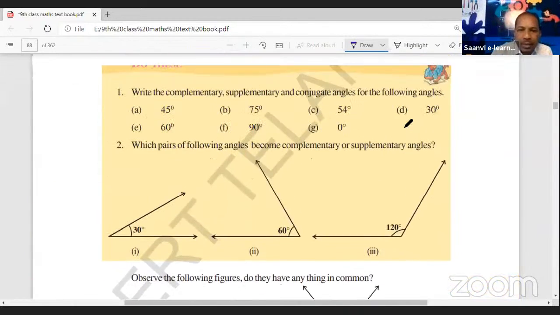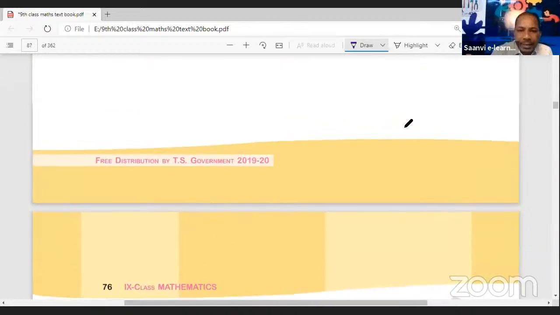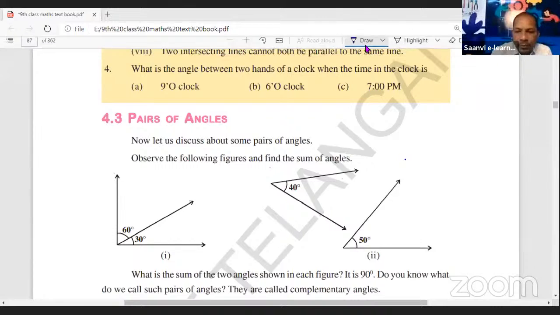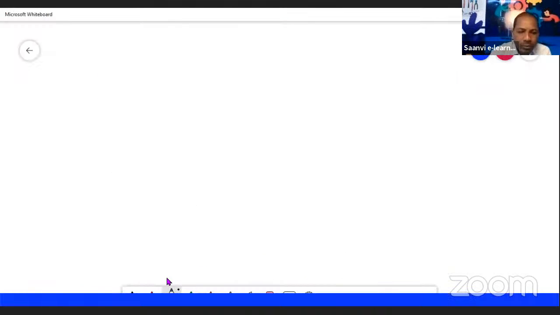So first of all, complementary angles. What are the complementary angles? All of you look at the board.